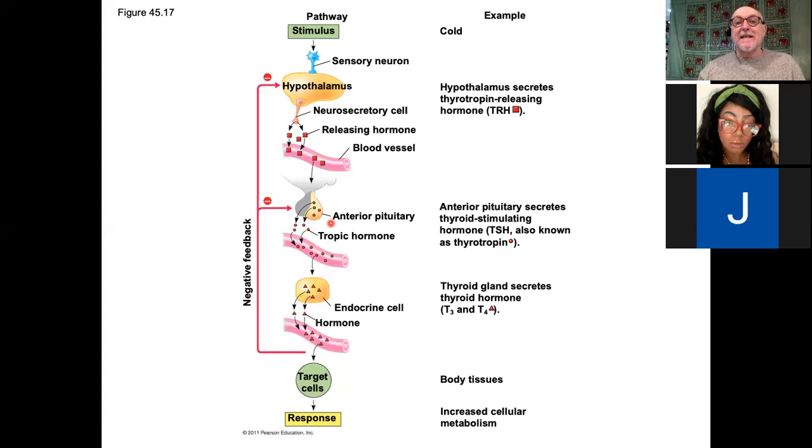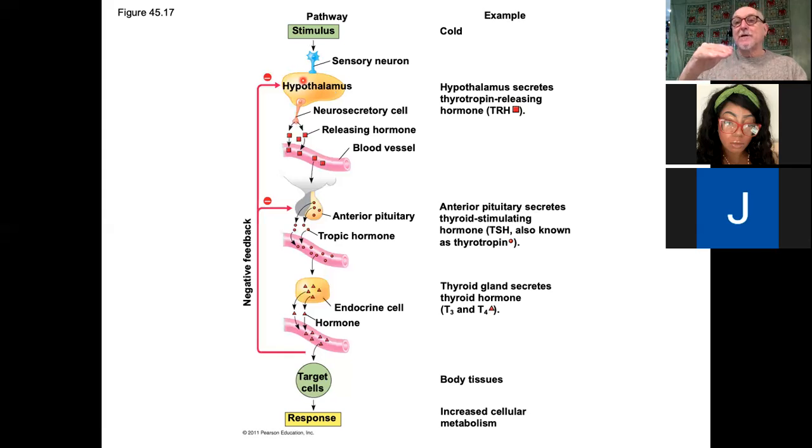The first is in the anterior pituitary. The anterior pituitary, in response to raising blood temperature, simply becomes less responsive to the releasing hormone. It just doesn't see it as well as it used to. So its activity begins to shut down. But the hypothalamus also responds. Remember, it's measuring blood temperature the whole time.